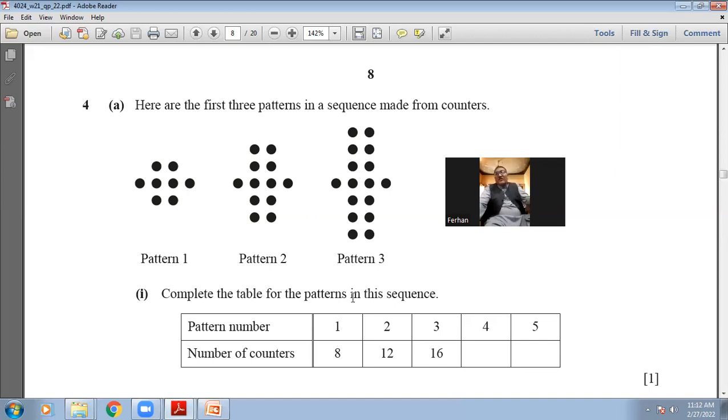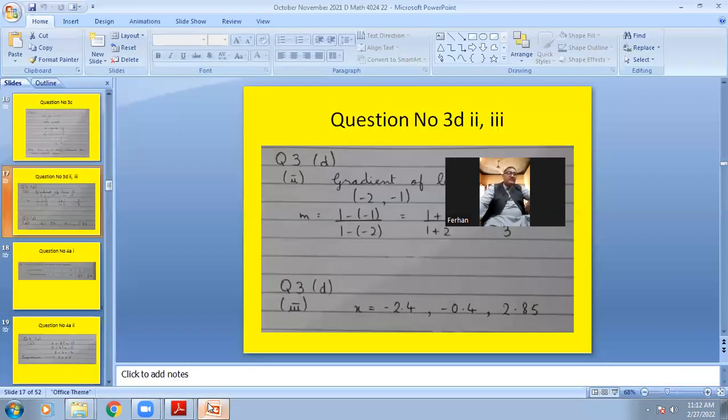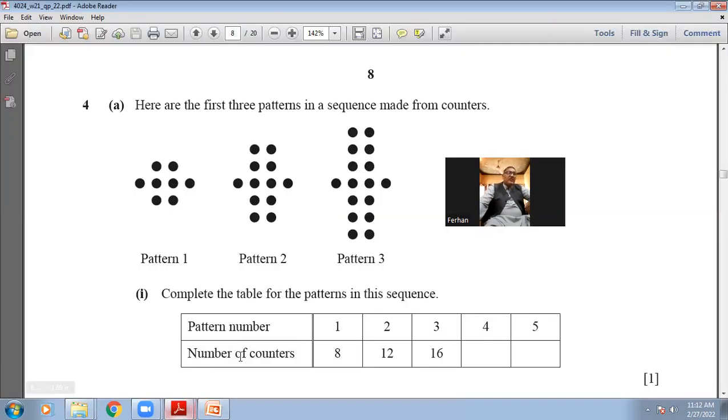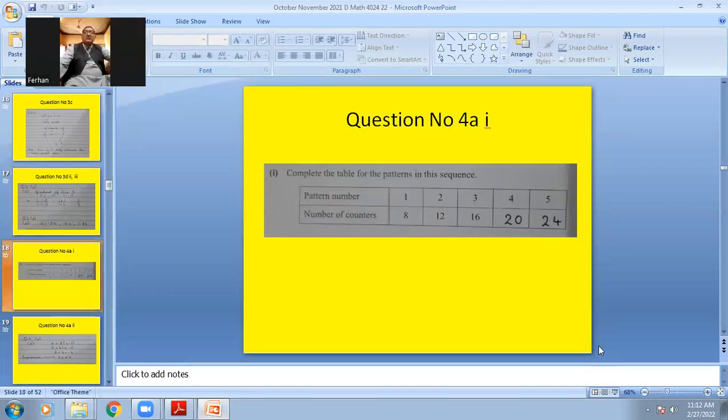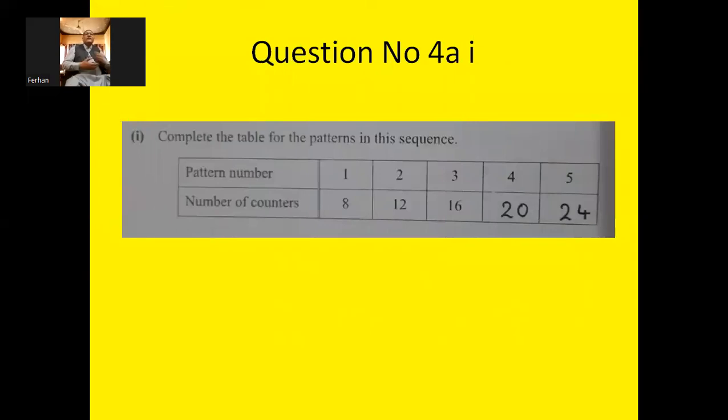So from the pattern, it will be 20 and 24. You can also see that 4 is added each time. Let me show you. So this is how you will do this.